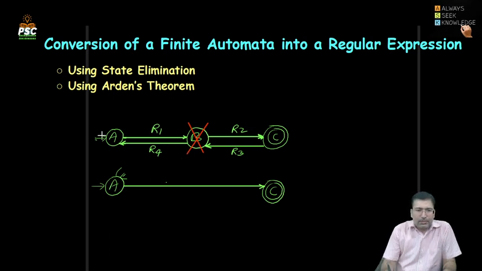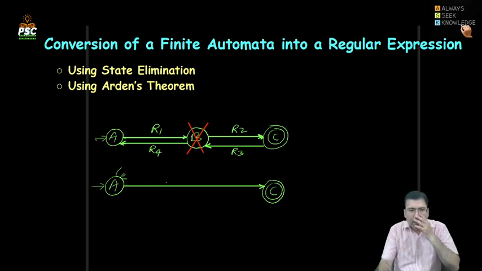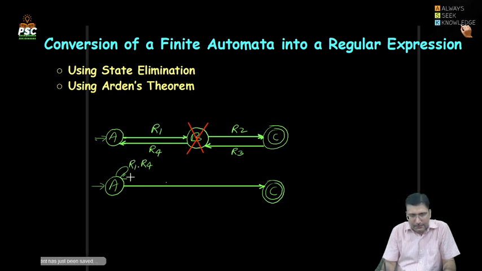So in case you eliminate B, what will happen? Now there is a loop. So from A to B and then again you can come back, right? So you consider that there's a loop of R1, R4. So if I'm considering there's a loop, the loop is of R1 concatenated with R4 here.